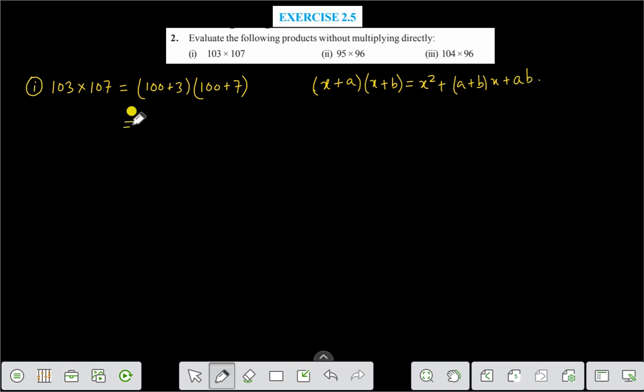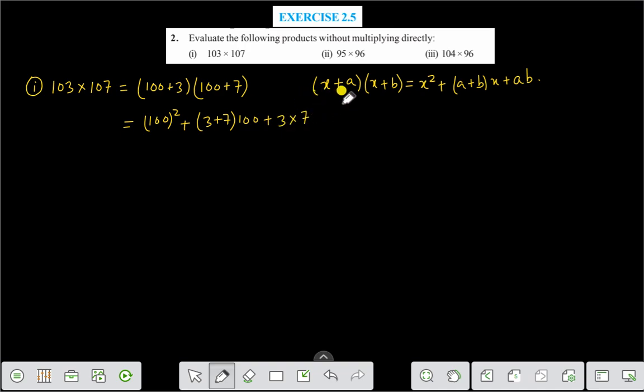That means we are getting 100 square plus (a plus b), that is (3 plus 7), into x, which is 100, plus ab, that is 3 into 7.